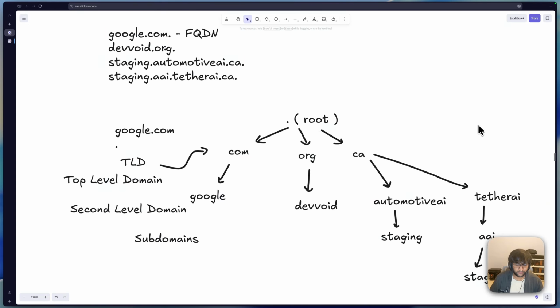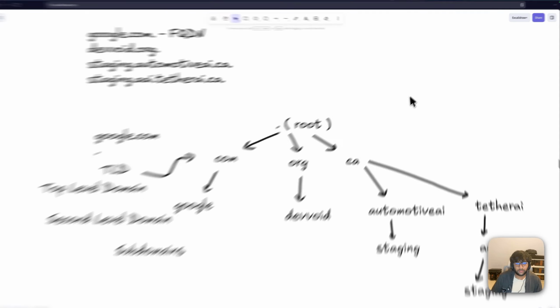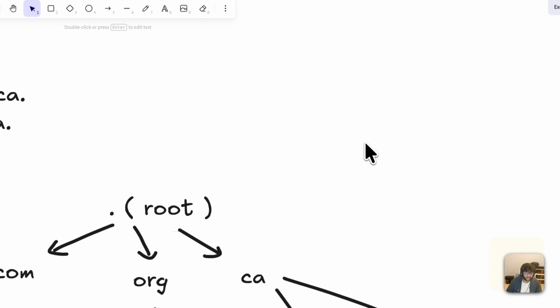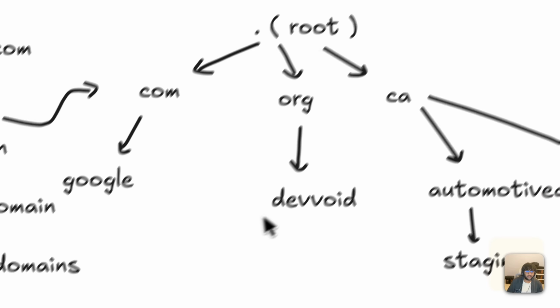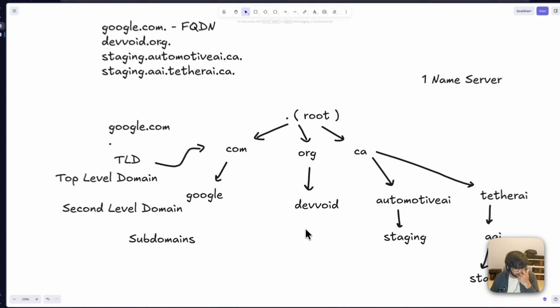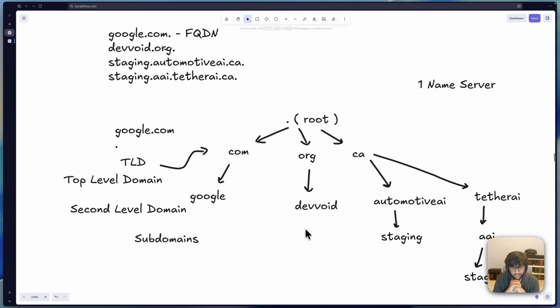Right. Now for a zone, the way you can imagine it is, let's keep it simple and say there's only one name server, okay? To understand zones a bit easier. Now, the purpose of a zone, right, is essentially it's a set of records, okay?